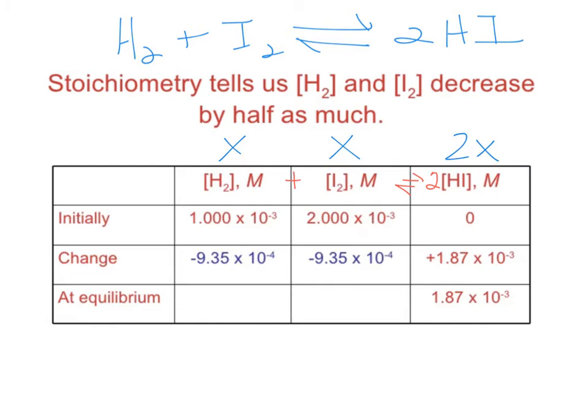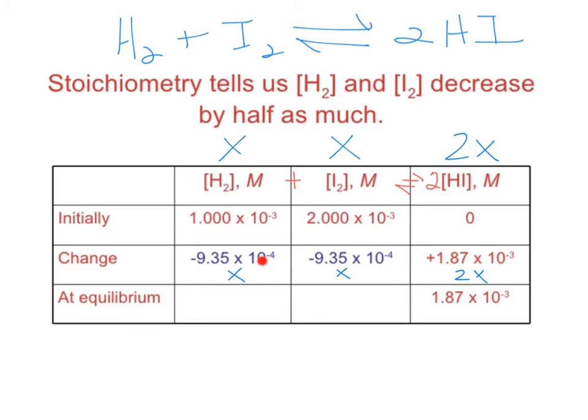That's why I have 2x, this is 1x, so the change here is going to be, these x's really belong down here in the change category. When we do another problem, we'll write them there. So if this is 2x of change, then this had to decrease by 1x, or half of that. And minus 9.35 times 10 to the minus 4 is 1.87 times 10 to the minus 3 divided by 2.